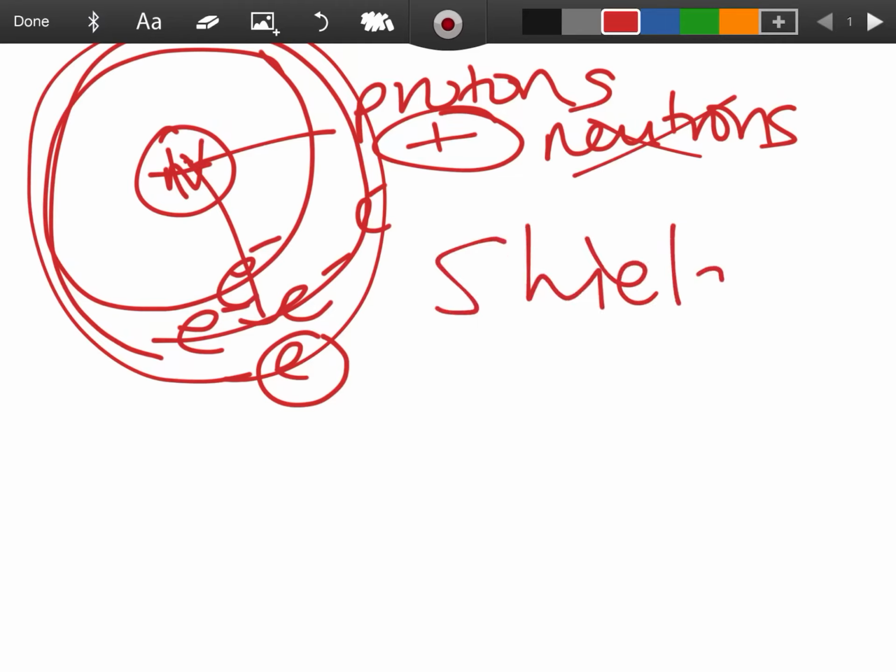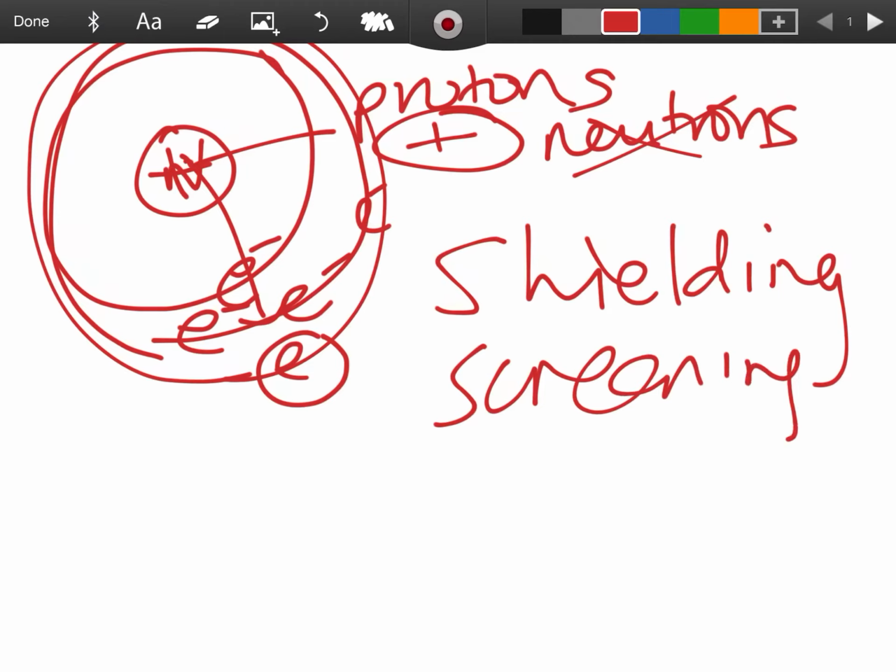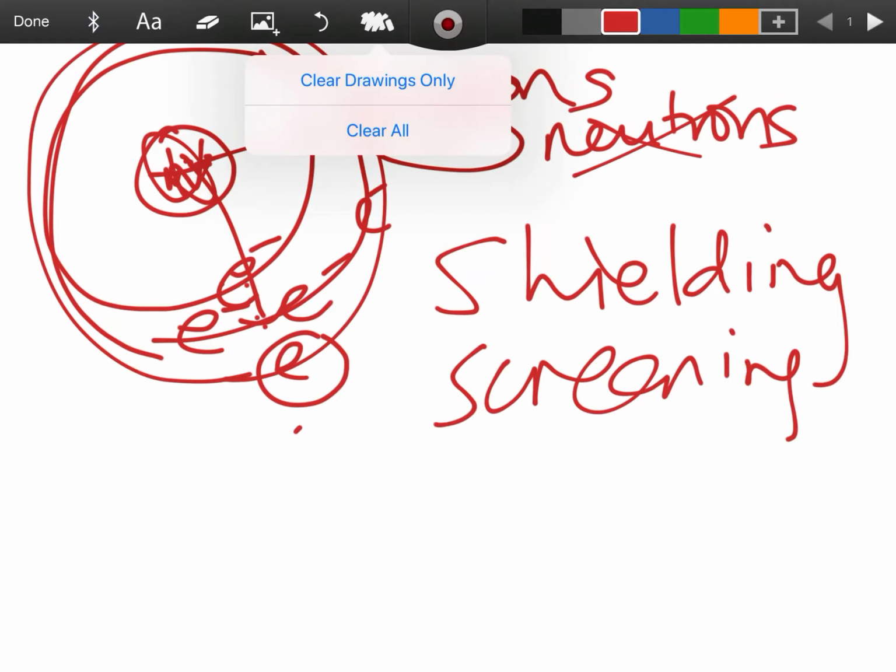And that phenomenon is known as shielding or screening. So just to run through that again, if there's lots of electrons in between the nucleus and the outermost electron, then those electrons in between will try to block or shield or screen the positive force of the nucleus in attracting the outermost negative electron, okay?